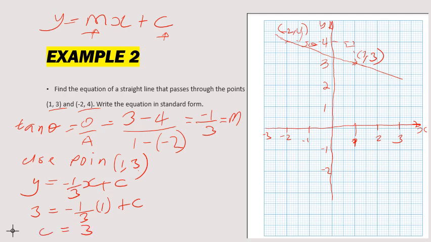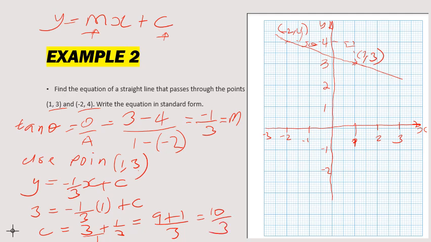Then we make c the subject of the formula: c equals 3 plus 1 over 3. Remember, 3 is 3 over 1. 3 times 3 is 9, plus 1, over 3, which is equal to 10 over 3.